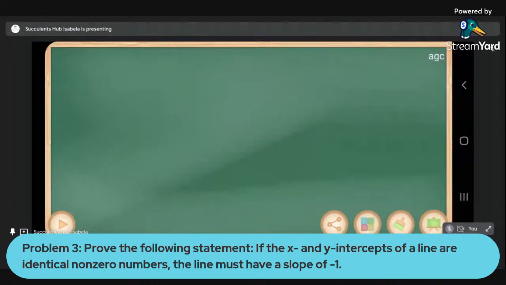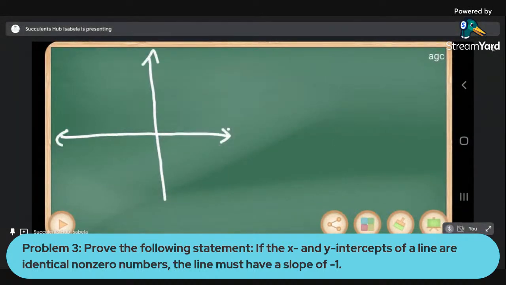So for example, we have a line L, and this is your x and y axis.